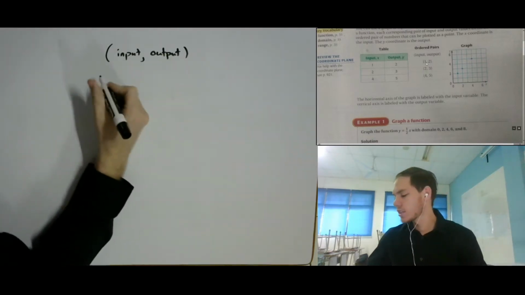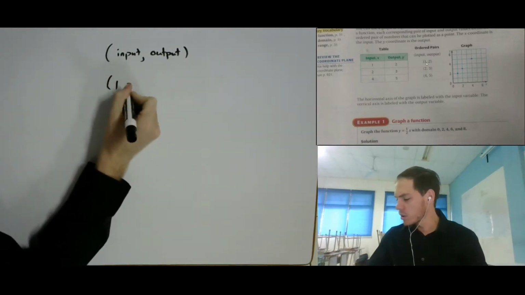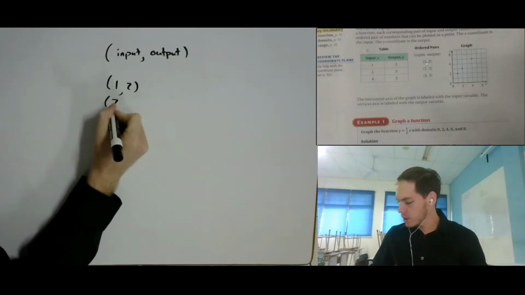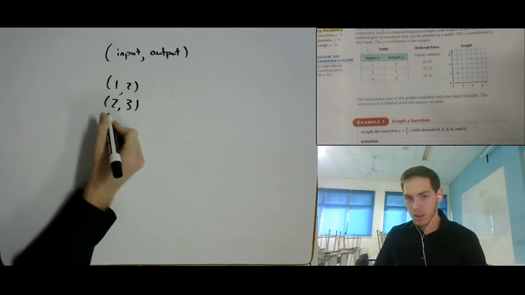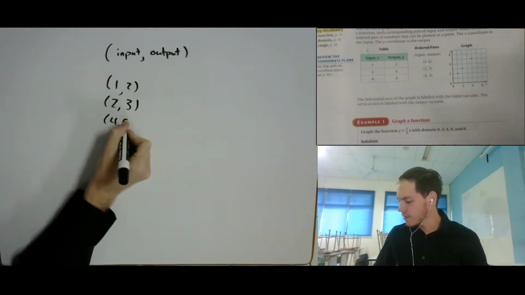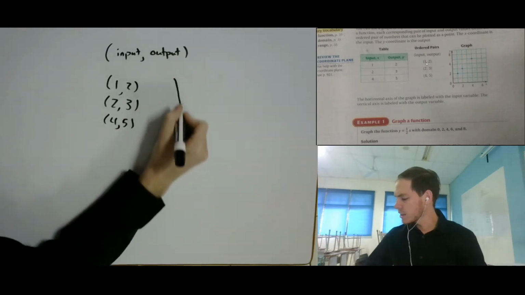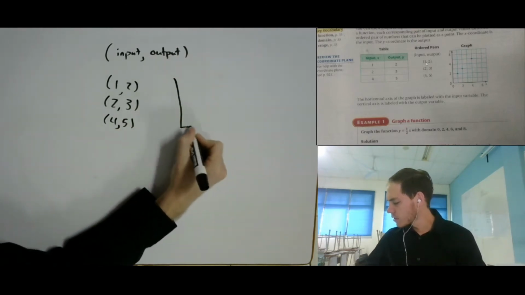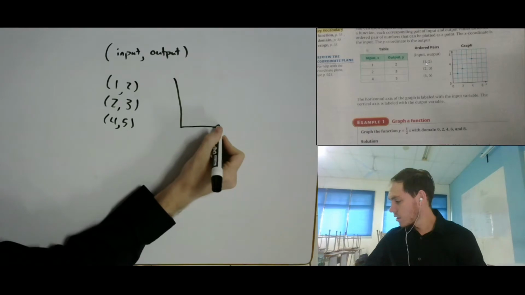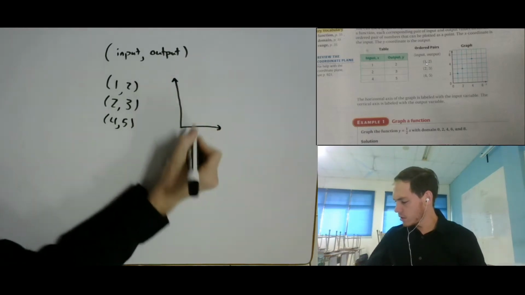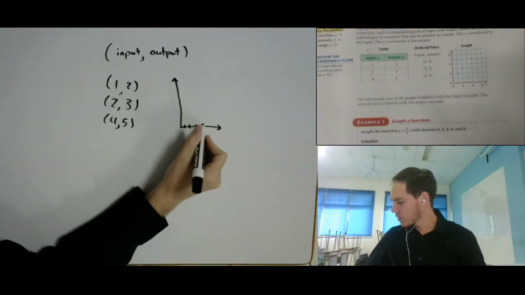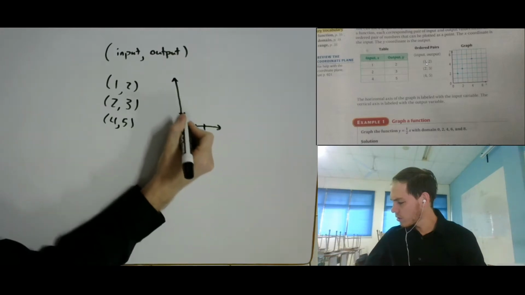Notice we do points (1, 2), (2, 3), and (4, 5). If we're plotting this on a graph, one, two, three, four, and 1, 2, 3, 4.